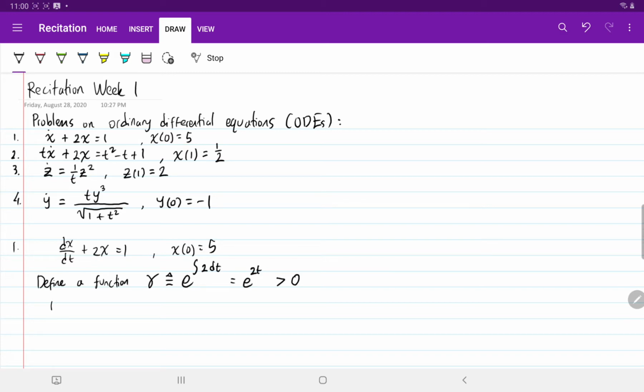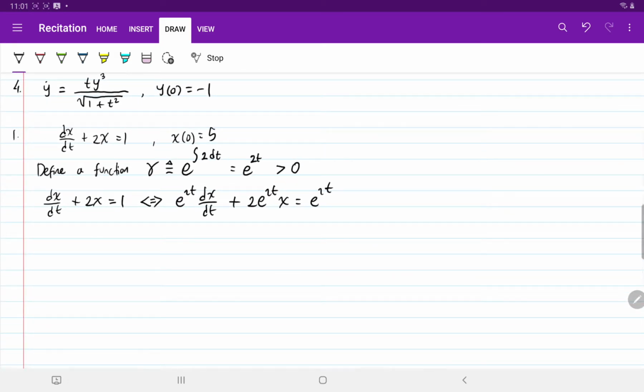So let's rewrite dx/dt + 2x = 1. Multiplying both sides by gamma, we have e^(2t) dx/dt + 2e^(2t) x = e^(2t). But we know that the left-hand side is d(e^(2t) x)/dt.